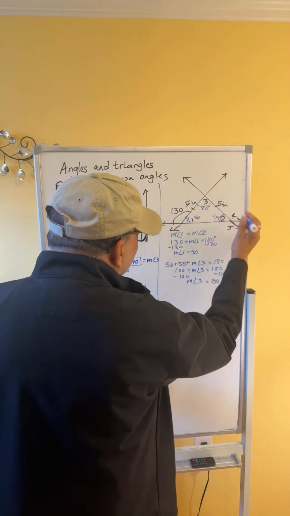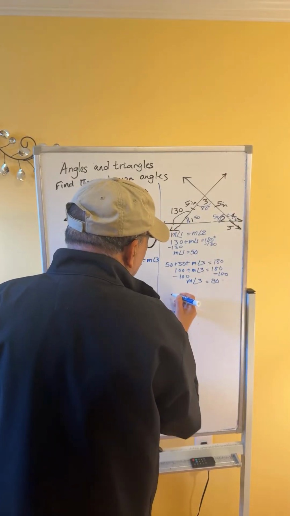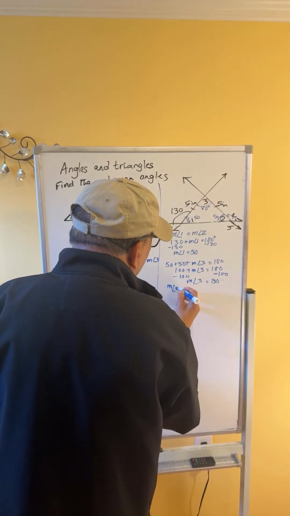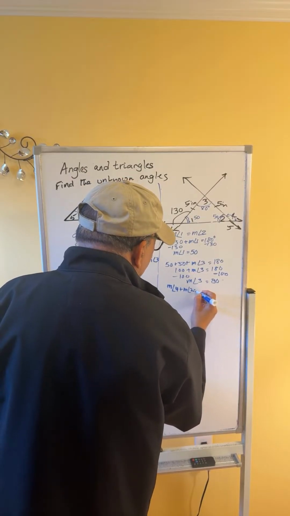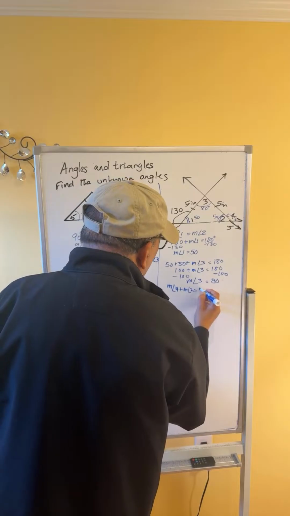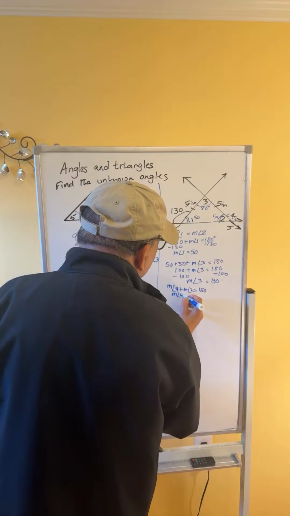Now if this is 50, this angle is its supplement. So measure of angle 4 plus measure of angle 2 is supplementary, is 180, out of which measure of angle 2 is 50.